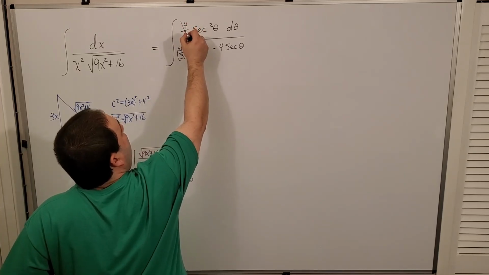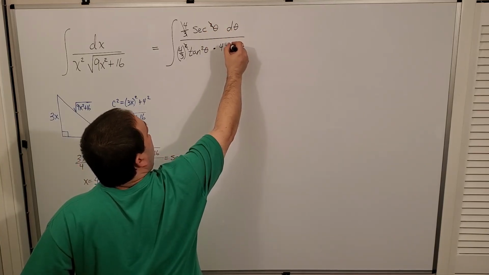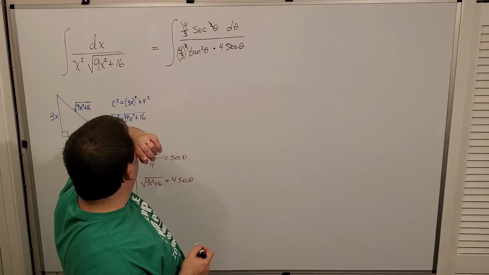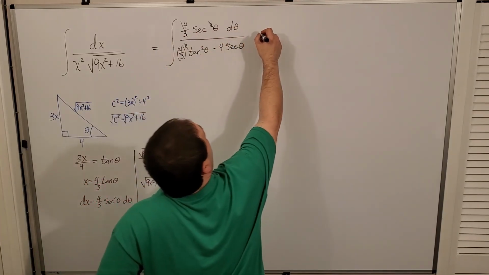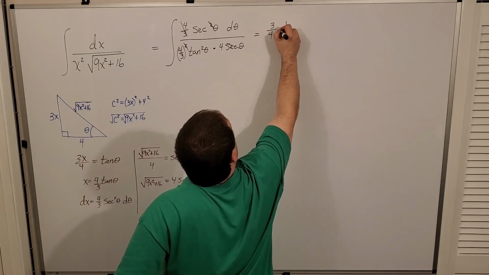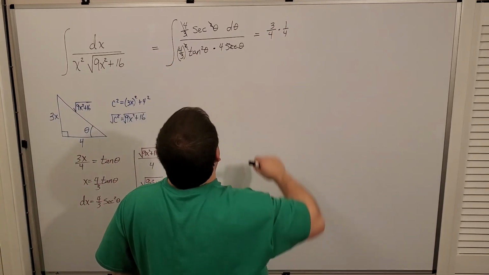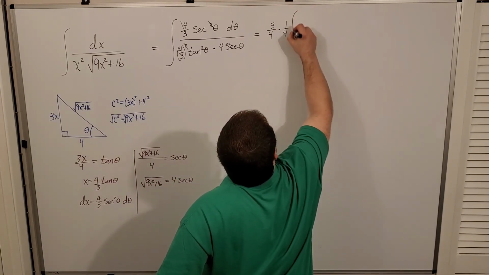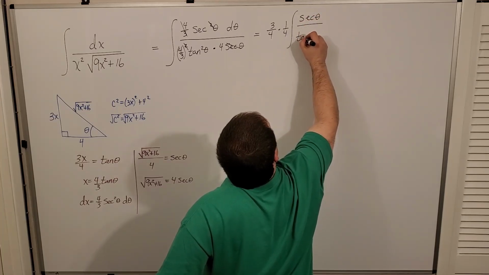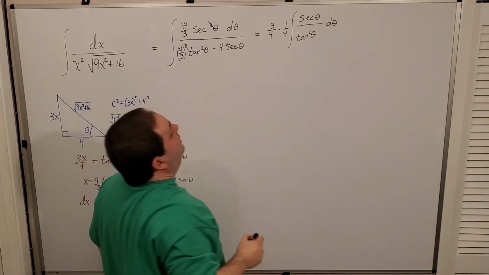I can take out this 4/3 with one of these, and one of these secants wipes out with him. And since this is a division by the leftover 4/3, I'm going to pull out a 3/4 times a 1/4, right? Because this 4 here is going to end up being a 1/4 as well. Okay, and then let's see, what am I left with here? I have the integral of secant theta divided by tangent squared theta d theta, like so.